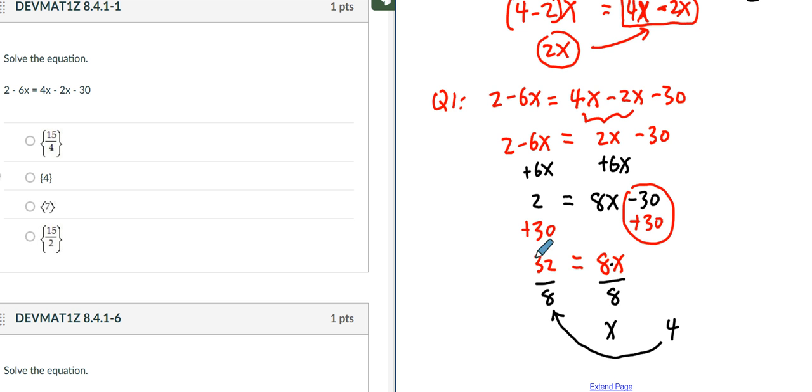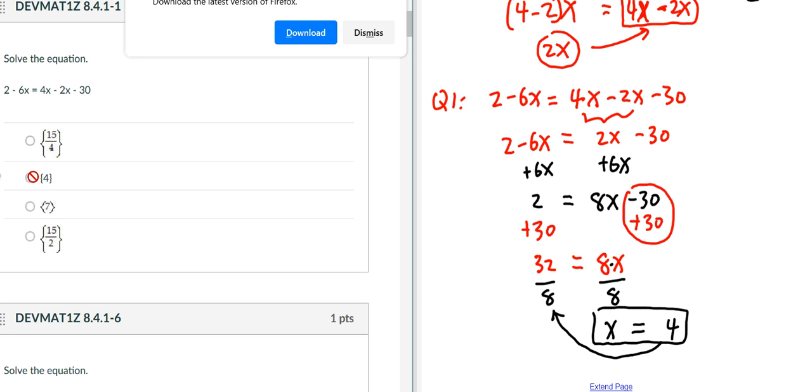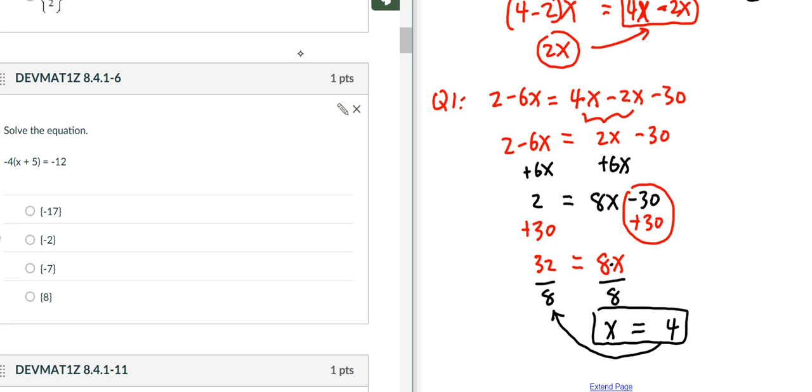And then I write the left-hand side on the right. In this case, they are equal. So x equals 4. Then this one will be our choice, right? Yeah, this one. Okay. Now, let's work on the second question.